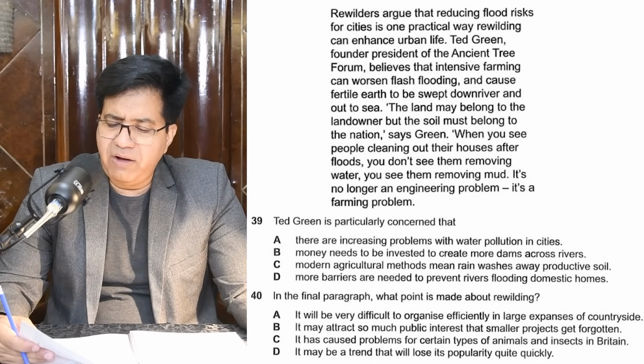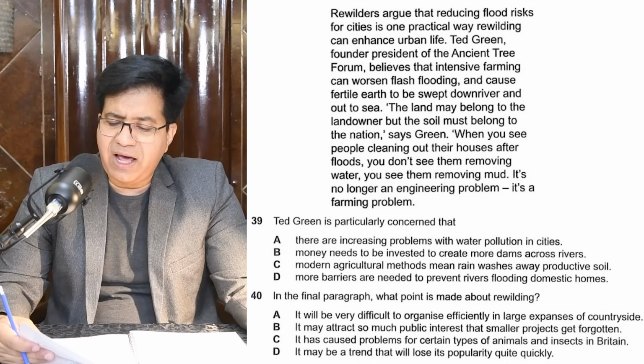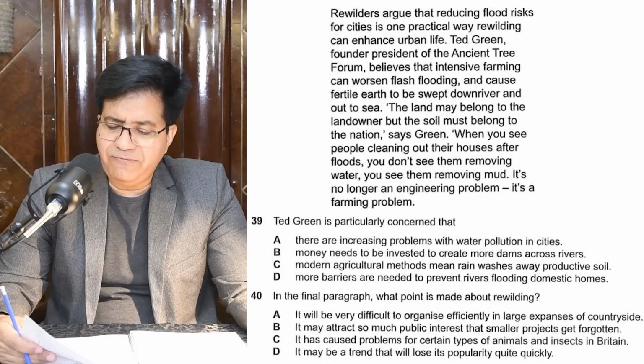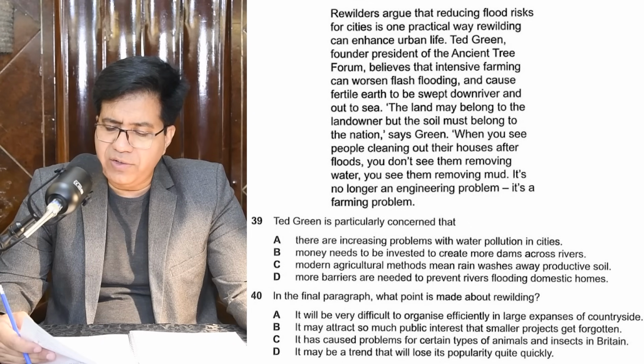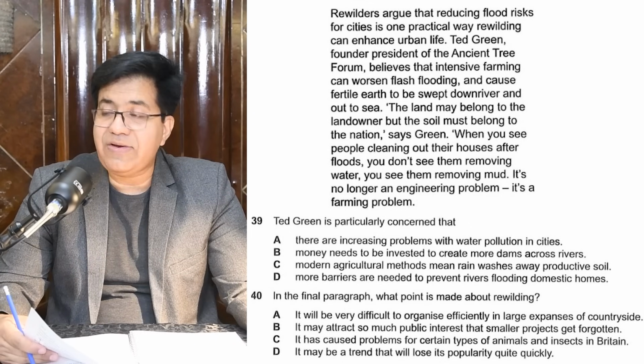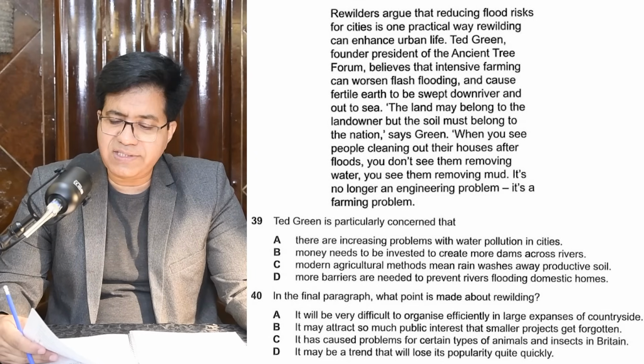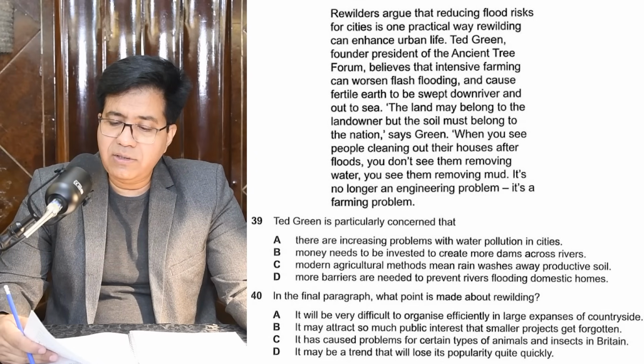Ted Green, founder president of Ancient Tree Forum, believes that intensive farming can worsen flash flooding and cause fertile earth to be swept down drive and out sea. The land may belong to the landowners, but the soil must belong to the nation, says Green. Now, what is he focused? What is he worried about? He's concerned.